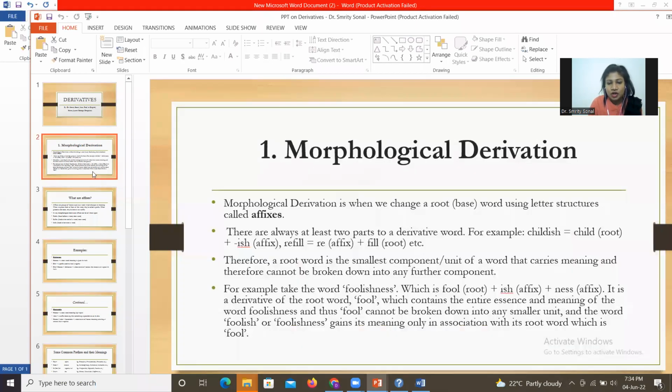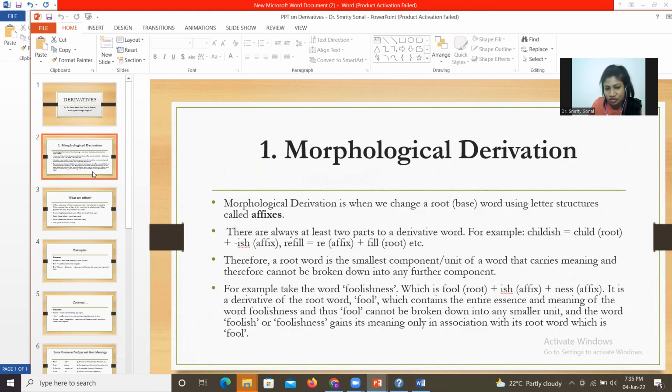we see that a morphological derivation has a root word and we try using affixes on it to create new words out of it. Now, there are a few words, like we can see childish. Childish is derived from the root word child and an affix is added to it, that is ish.